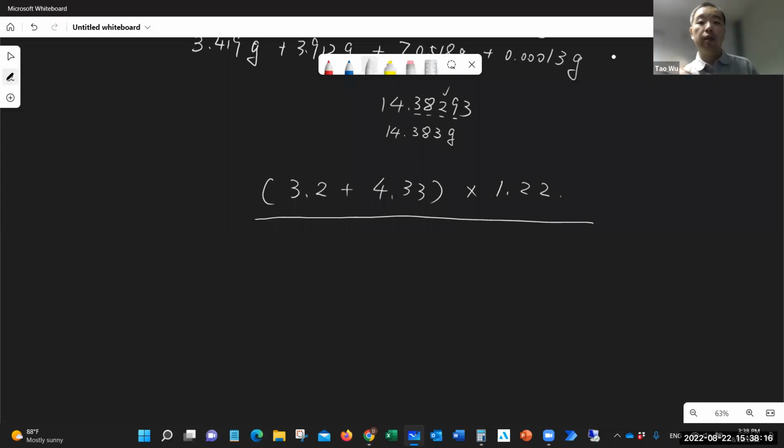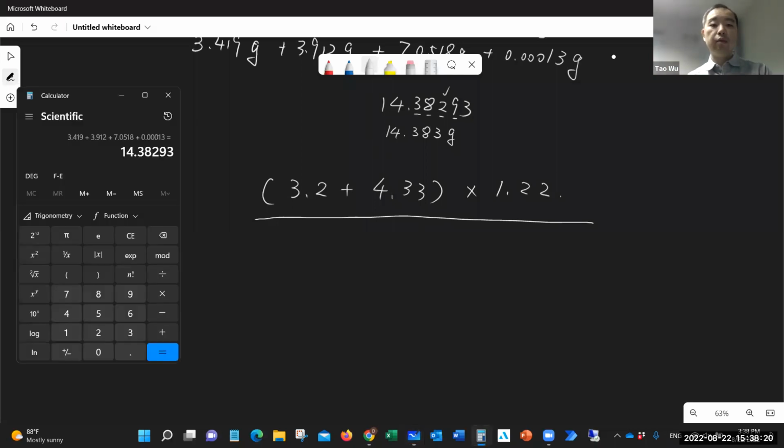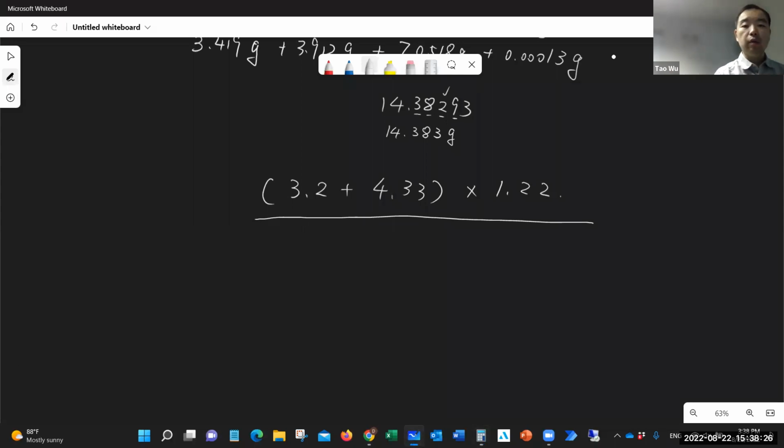Okay, so here we have 3.2 plus 4.33, which is 7.53. Okay, so we got 7.53 here. And this is addition, right? So how many sig figs do we need to keep? Not how many. This is addition, so we're going to keep the fewest decimals, right?